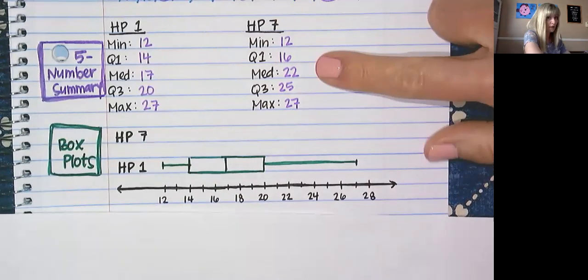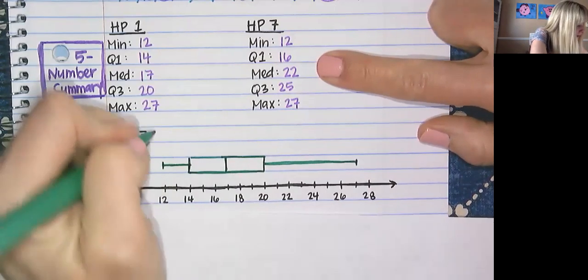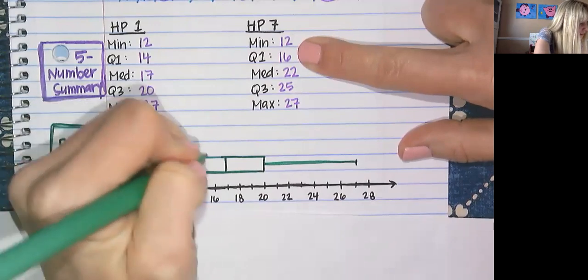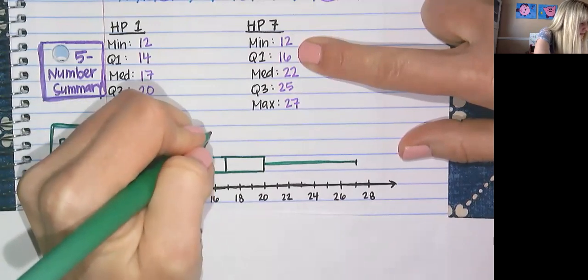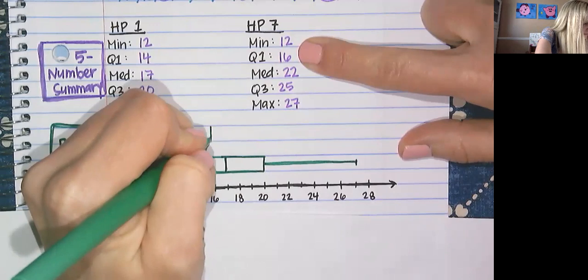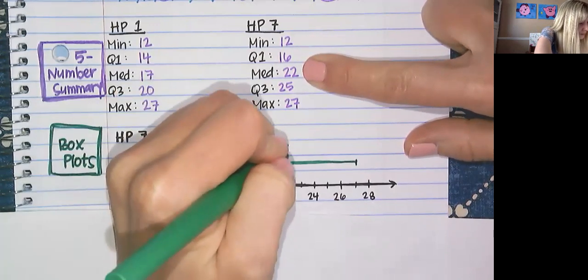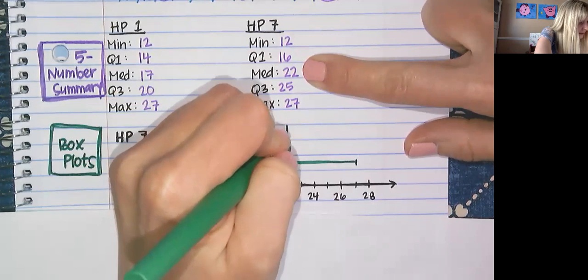Now, for the 7th Harry Potter book, I have the same min, 12. Quartile 1 goes up to 16, so that's about right here, if I'm lining that up correctly. Median of 22, it's about right here.